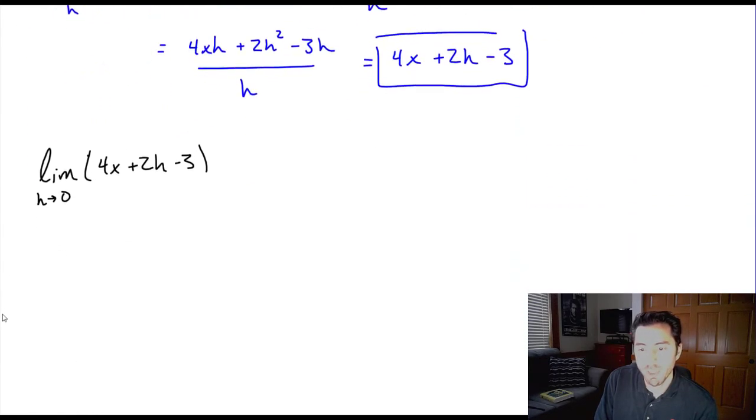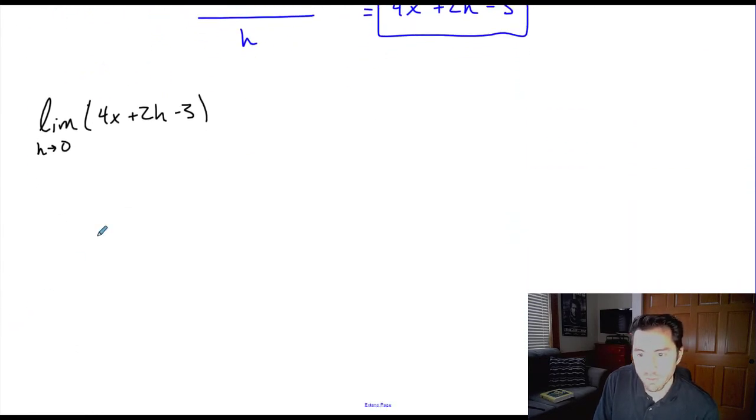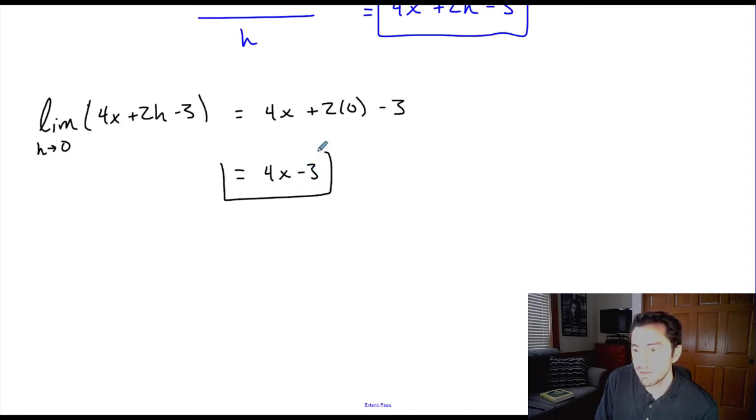So what happens as we get really, really close to that? The limit as h approaches 0 of our difference quotient: even though there are multiple variables in here, these are all pretty simple operations, so we can just plug in 0 for h. We get 4x plus 2 times 0 minus 3. What we end up with, as h approaches 0, is that our limit is 4x minus 3. So there's our solution.